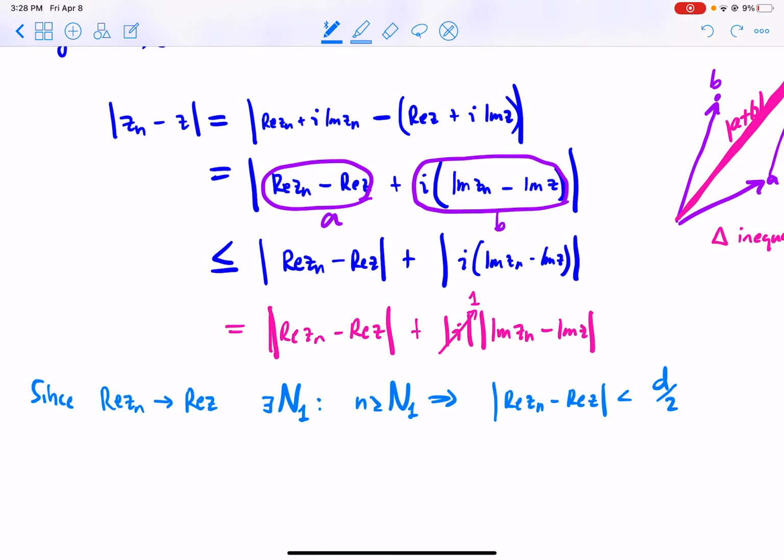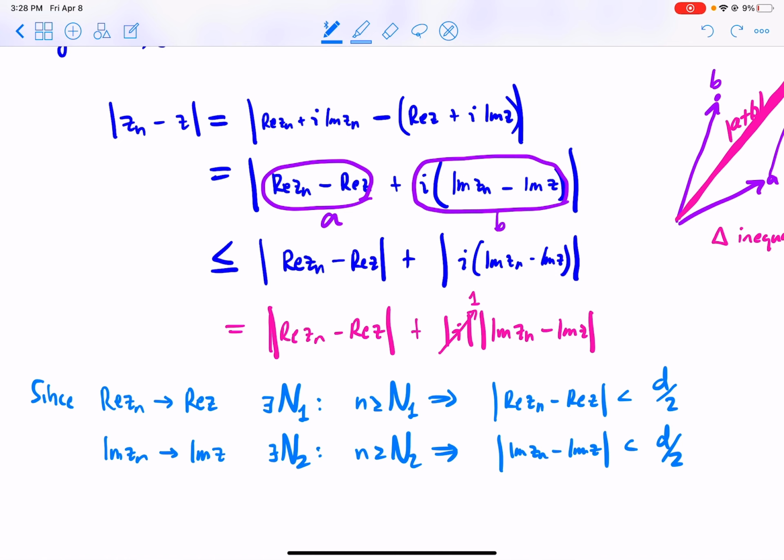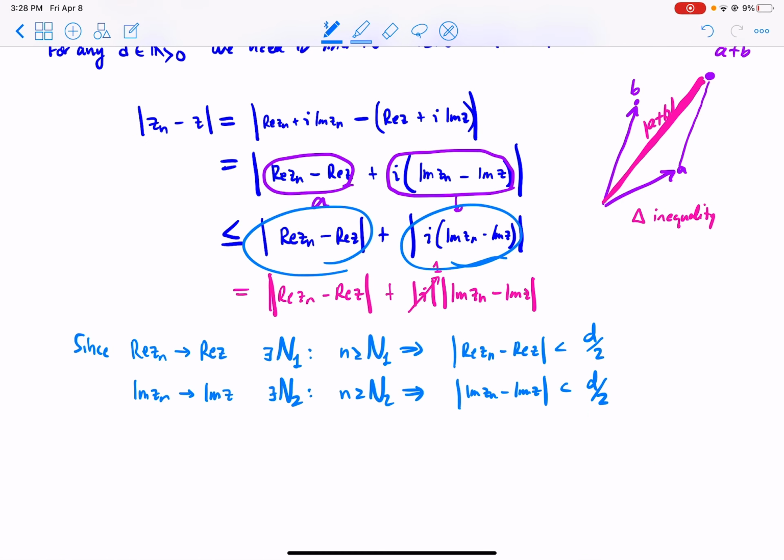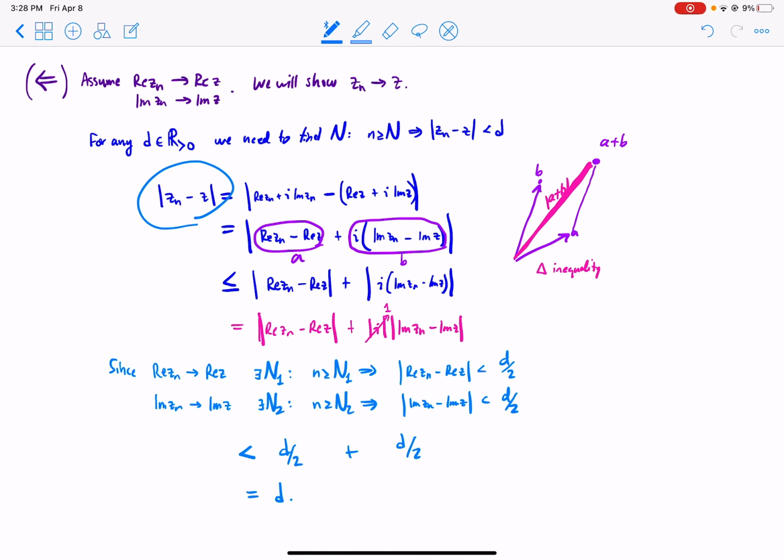And since the imaginary parts converge, we assumed that, there exists some cutoff for them, where if you go past that cutoff, then the imaginary parts are smaller than whatever I want, and I'll choose d over 2. Why? Because d over 2 plus d over 2 will be equal to d. So continuing, this thing is actually less than d over 2 plus d over 2, which is d. And so at the end, I have Zn minus z less than d.